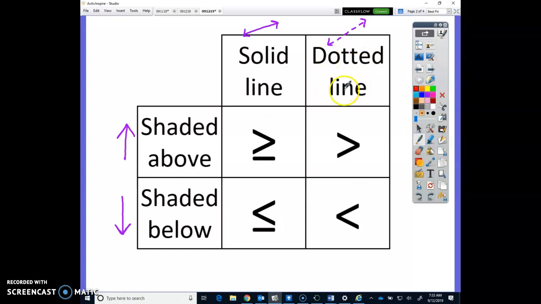Dotted line, so if it doesn't have a line underneath, we're also going to use open circles. And if it does have a line underneath, we're going to use closed circles when we put our points. Okay? Because these are not solutions. Okay? And these are solutions. So let's go ahead and start graphing them.